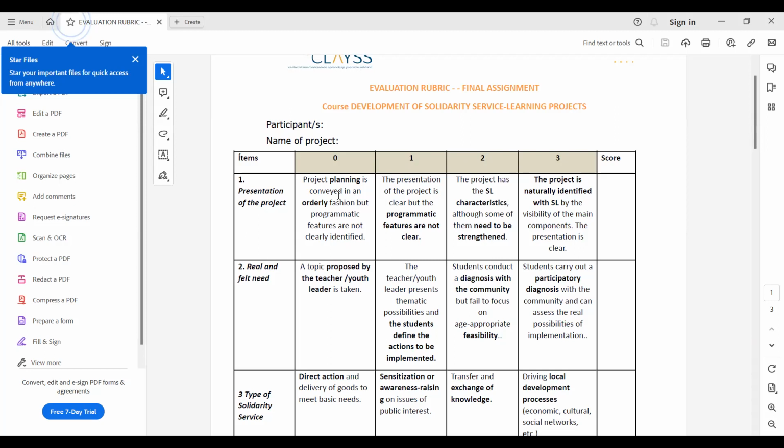It's like how it's planned, how we can show how you define the project. Okay, from 0 to 3, there is a score point, so we just do this.